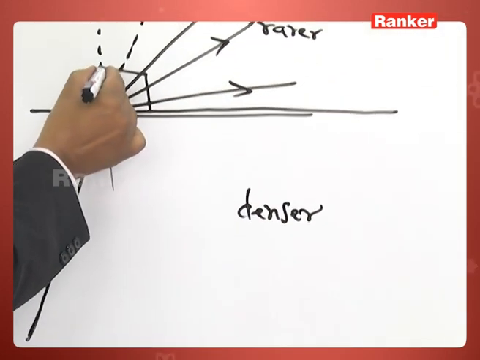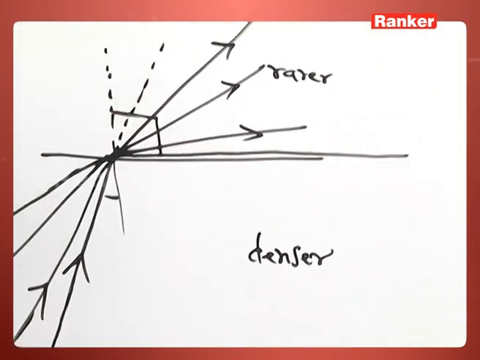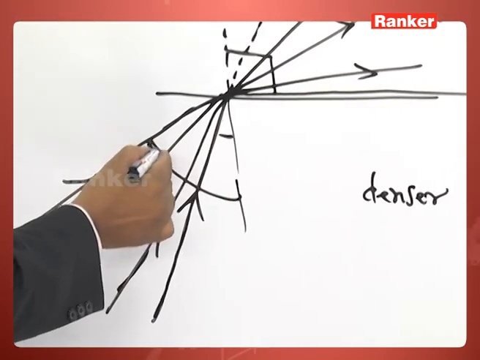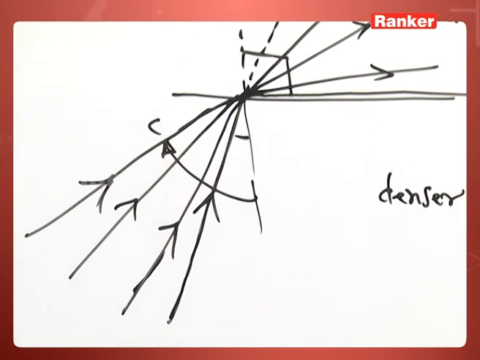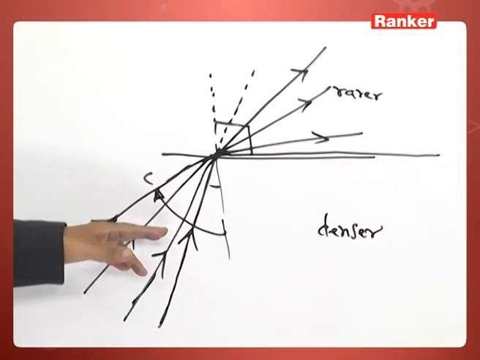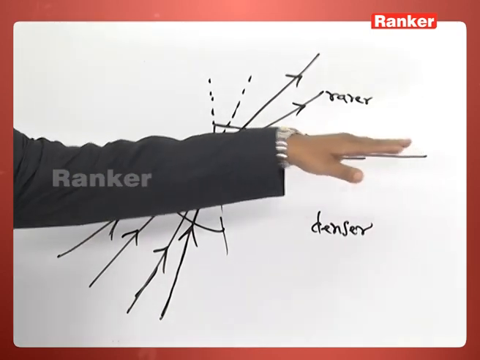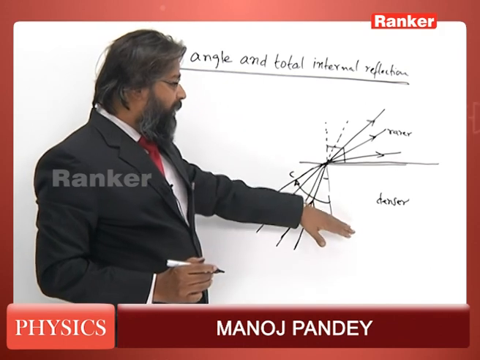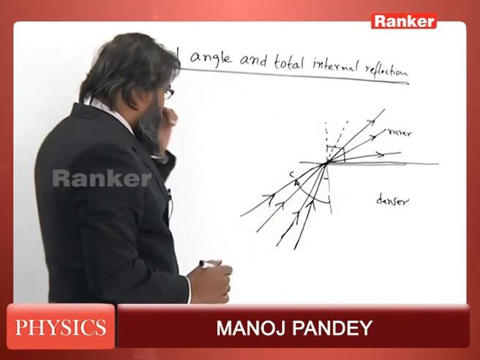So this angle becomes 90 degrees with the normal. When this happens, this angle will be called the critical angle. It is that angle of incidence for which the ray just grazes out when a ray is going from a denser medium to a rarer medium.